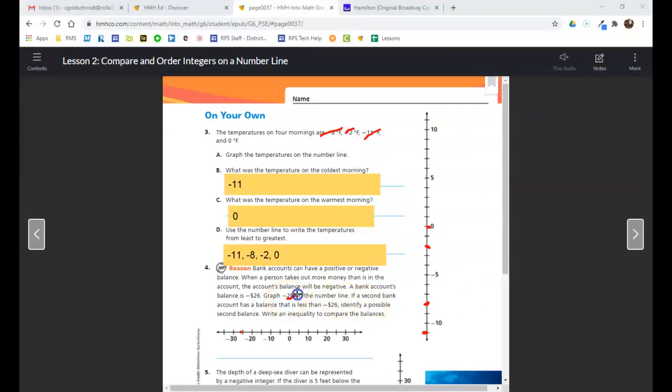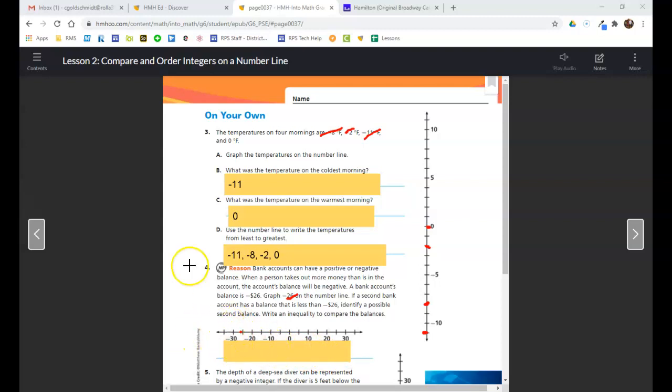Okay, so I did this part. If a second bank account has a balance that is less than -26, identify a possible second balance. So there could be a lot of different numbers here, but if it's less than that, it has to be farther to the left-hand side of it.